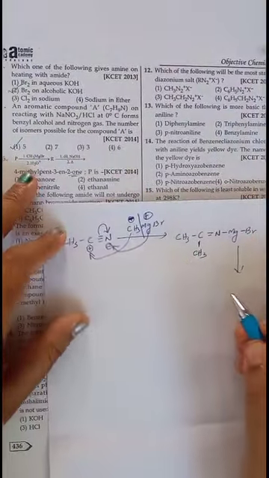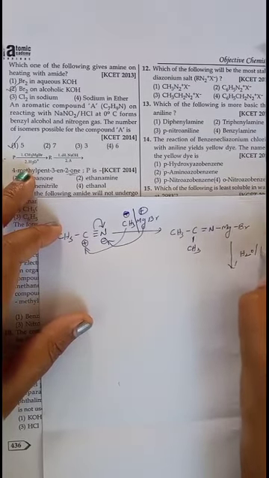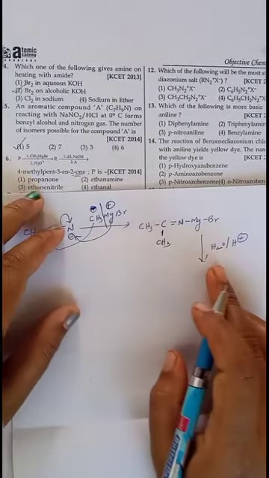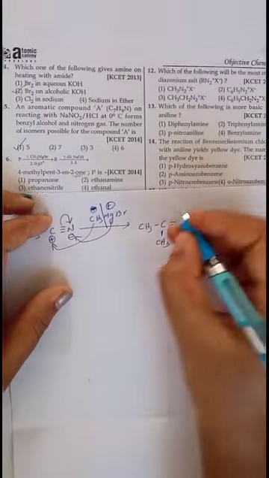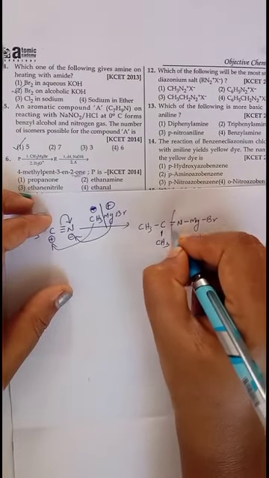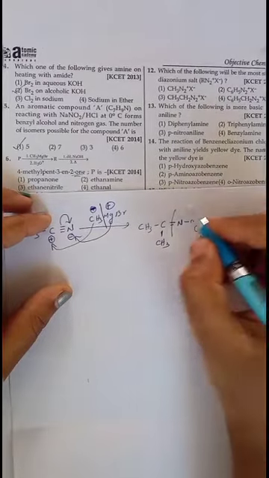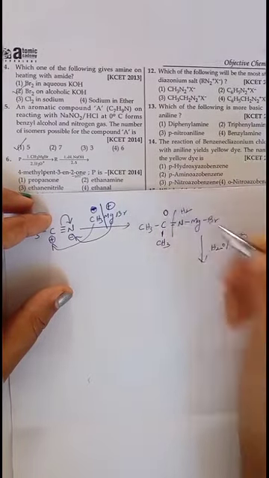When hydrolysis takes place, that is addition of water. That addition of water will take place in presence of an acid, so together we can also write it as H3O plus. Exactly where we can observe the bond breakage between carbon and nitrogen. Water contains 2 hydrogens and 1 oxygen. Oxygen is added to carbon, hydrogens are added to this nitrogen.